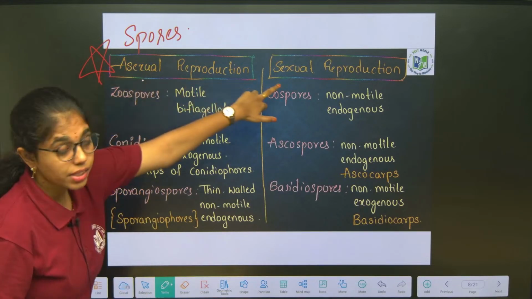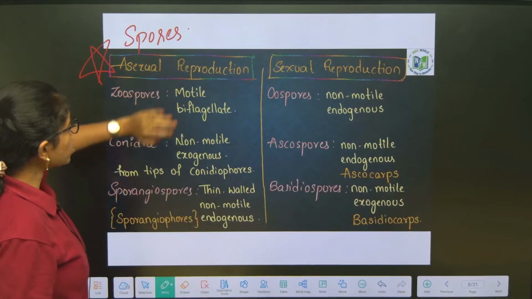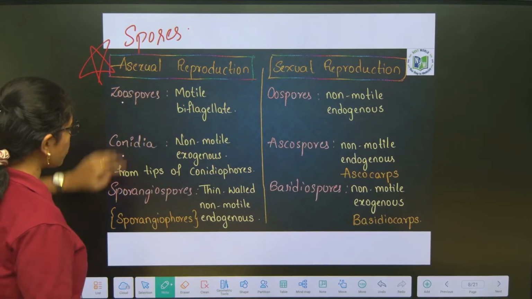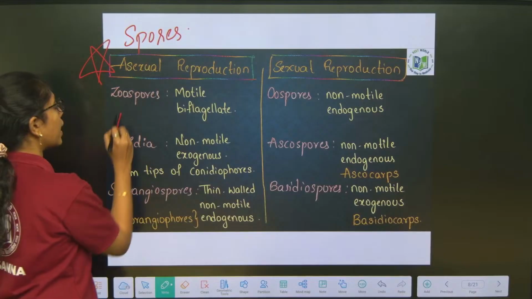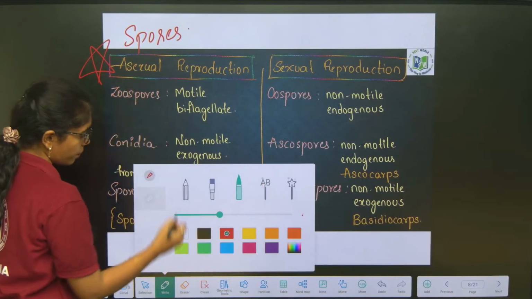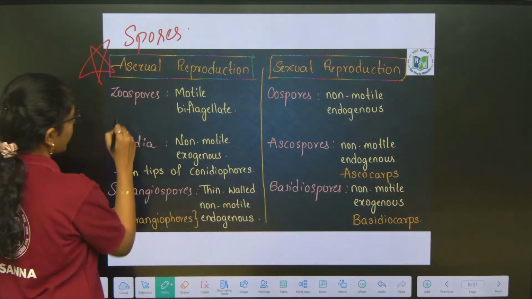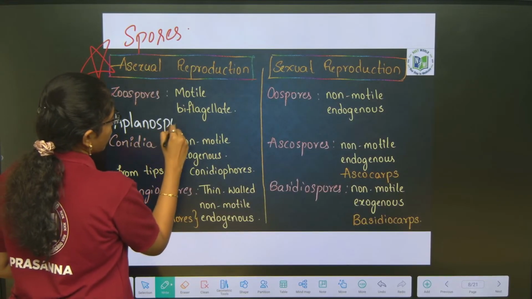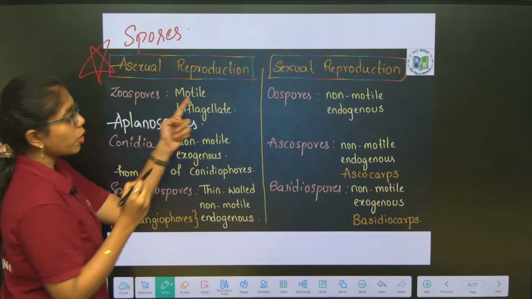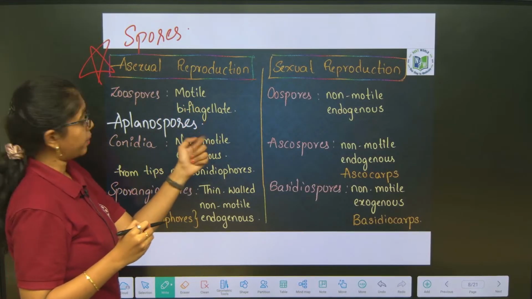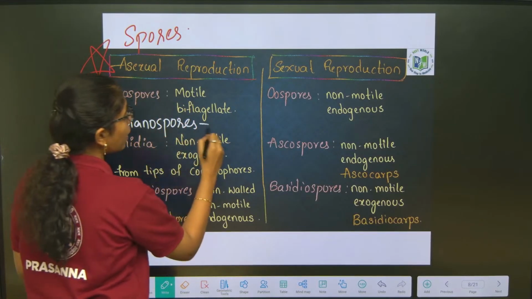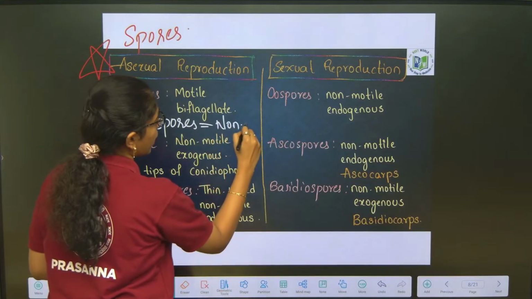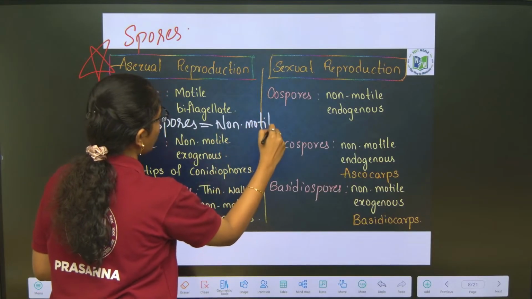Asexual reproduction and sexual reproduction. Asexual spores are what? Zoospores, conidia and sporangiospores. Just add on aplanospores here also. So, here zoospores are motile and biflagellate, beta. Aplanospores are non-motile.